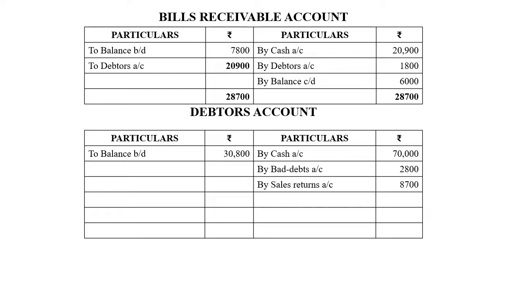Next, bills receivable dishonored. So what is the journal entry? It is debtors account debit to bills receivable. So we are preparing debtors account, so in debtors account it is to bills receivable account, that is 1,800.